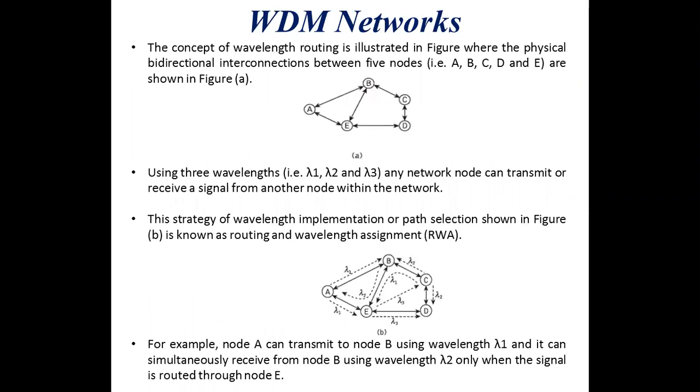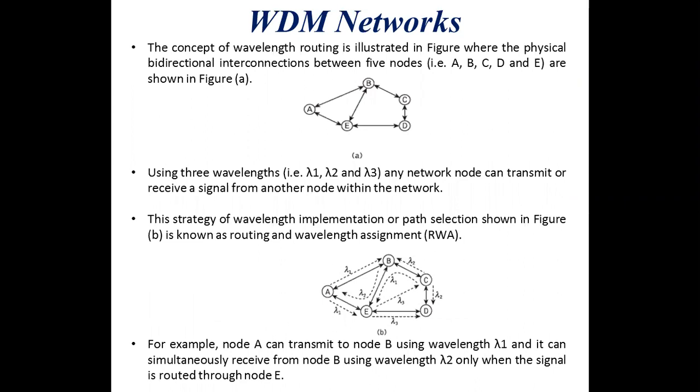Then, how does wavelength routing actually happen? There is a physical path which is established using the optical fiber, which we can see, and there is a logical part which is established using the light paths, which we cannot see, which is basically the virtual topology.